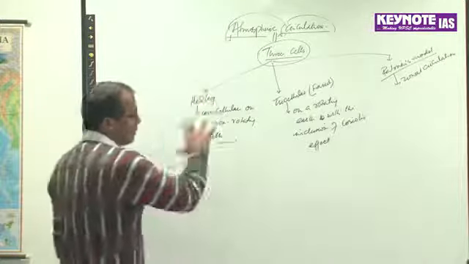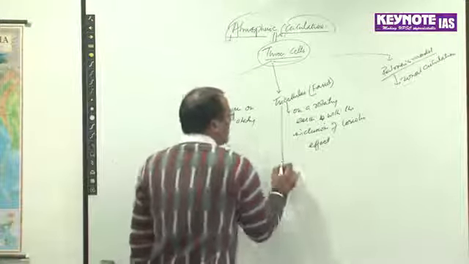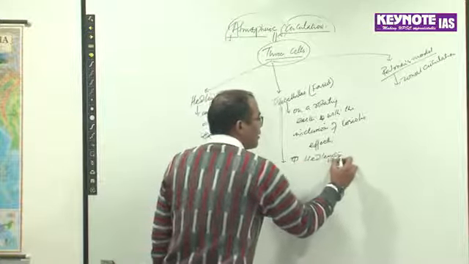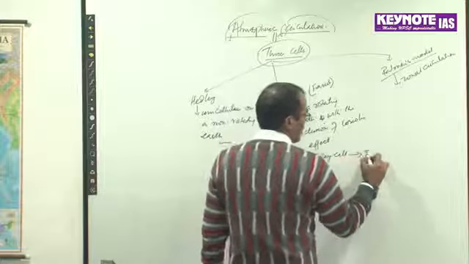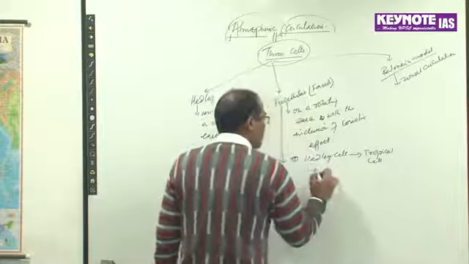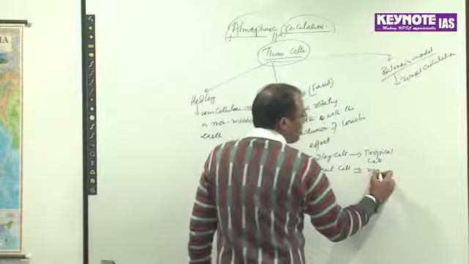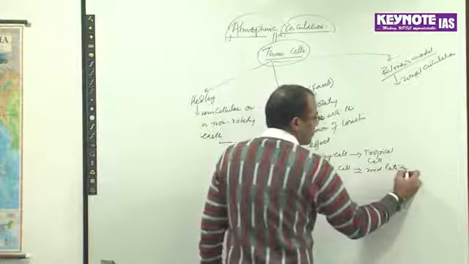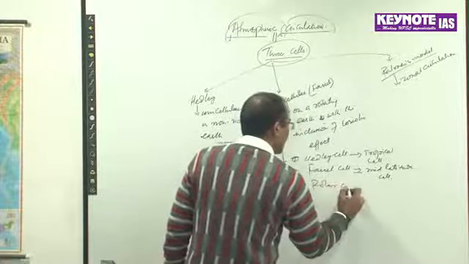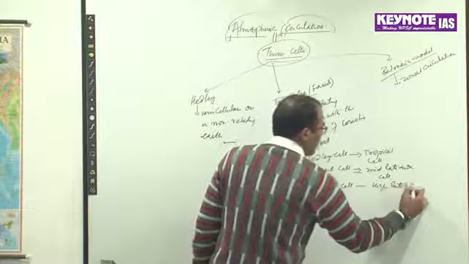That is heat, not necessarily this is the recent model. In this tricellular model we have Hadley cell, that is the tropical cell. Then we have, it is called Ferrel cell, that is the mid latitude cell. And the third one is polar cell, that is the high latitude cell.